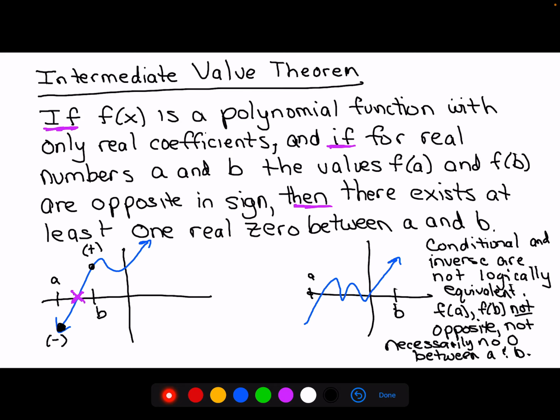All right, let me see if I can sketch that real quickly right here. Let's say you have a graph that looks like this, and let's say your a is here and your b is here. So notice the sign of f at a and the sign of f at b are both negative.